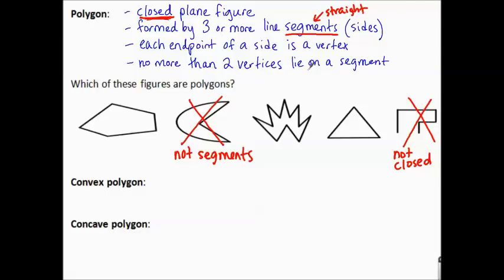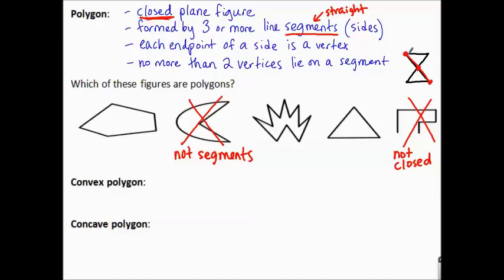No more than 2 vertices lie on a segment. Here's a segment, 2 vertices. Here's a segment, 2 vertices. What we might be looking for in that last example is something like this. This is like 2 polygons put together, and I see that there is a segment right here that has vertex, vertex, vertex.